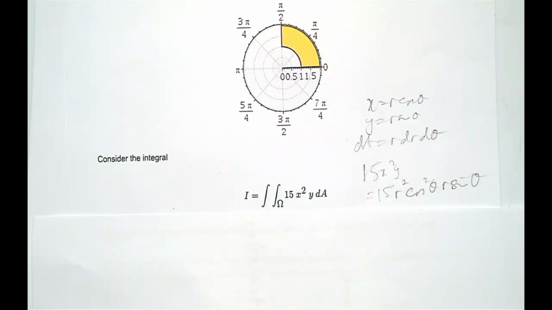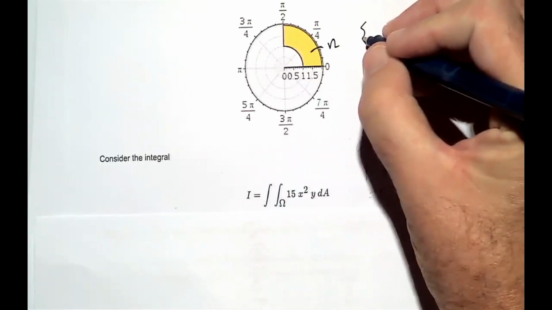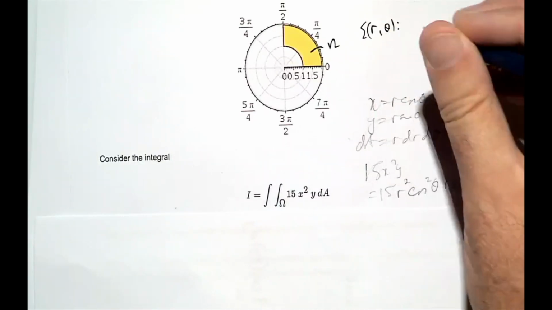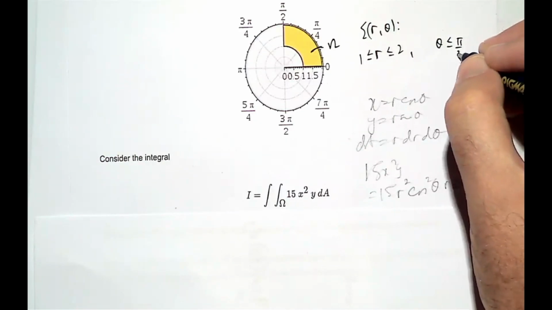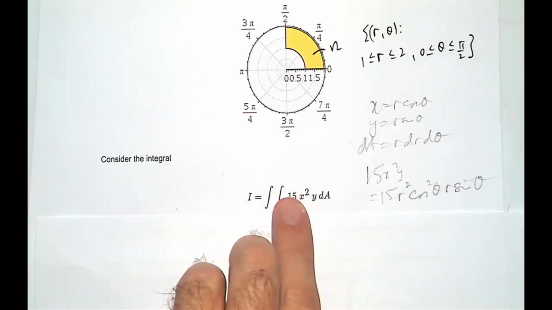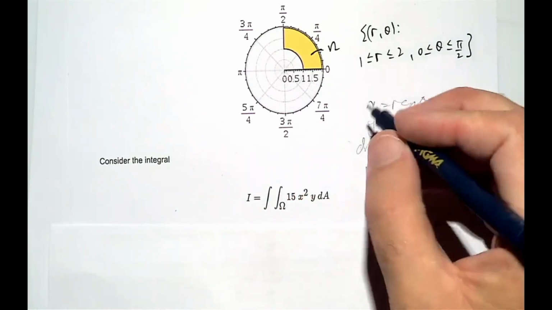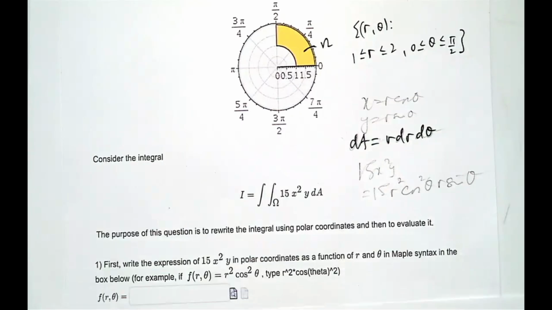And I know in this setup my region is something like that. Sometimes describing the region is the most difficult part. That's going to become that, and remember dA is r dr d theta.